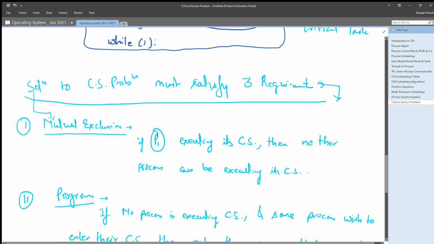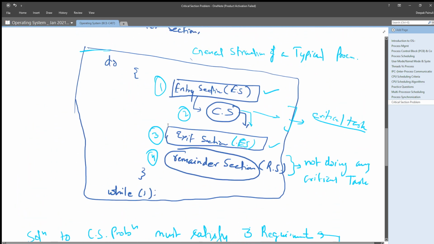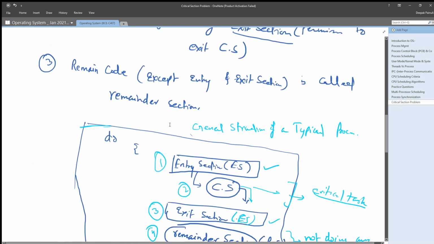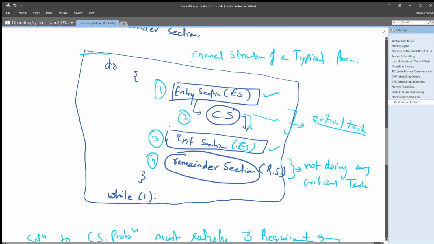So this was the critical section problem we discussed, and we discussed the general structure of a typical process, which we defined in four sections: entry section, where the process is asking for entering the critical section, and then the critical section, where it is executing its critical section.